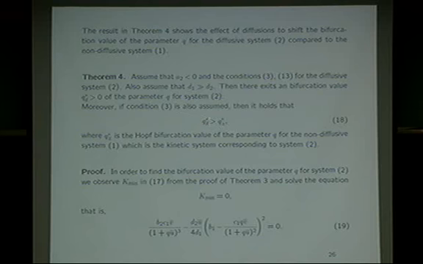So Q star D is the bifurcation value for the diffusion system, and Q plus minus star was the Hopf type bifurcation value for the non-diffusive case. We'll see that when the diffusion rate satisfies this condition, D1 is large enough compared to D2, then the bifurcation values are different for the diffusion case and the non-diffusion case.